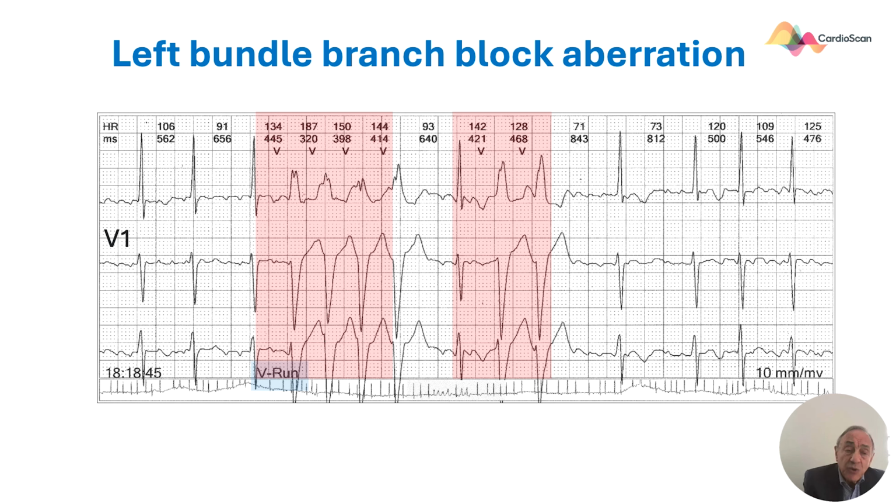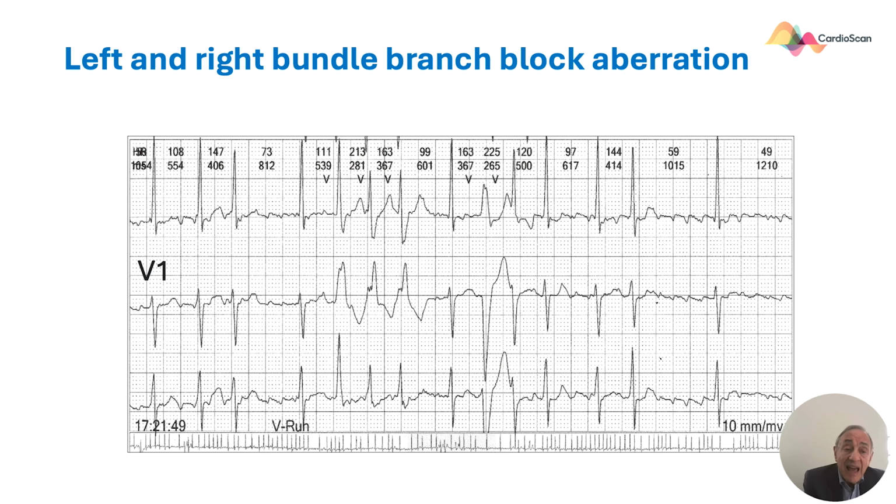So what we do is look at the long, short periods that help us make this diagnosis. And also we look later in the tracing and we can see the V run reported. We can see the long short, and it's a left bundle branch block.